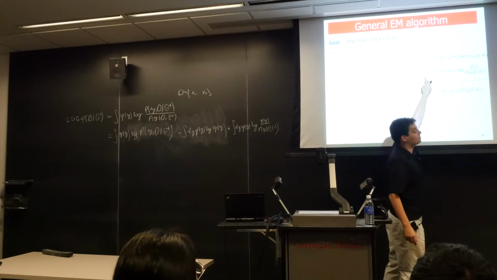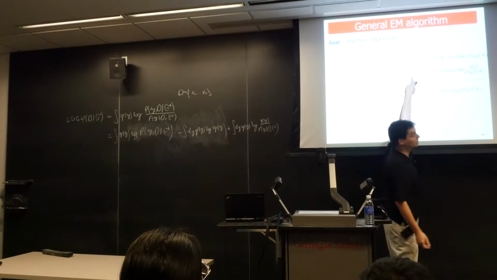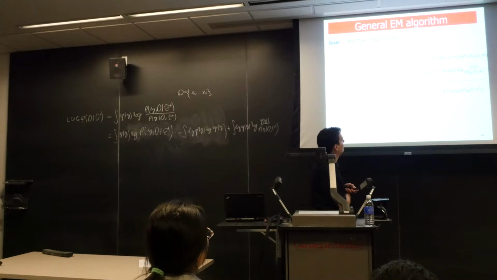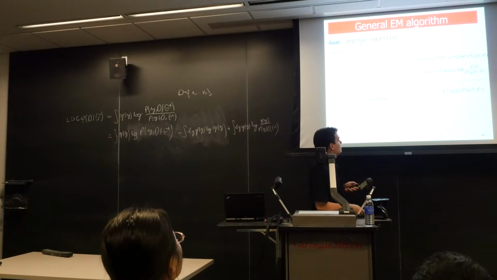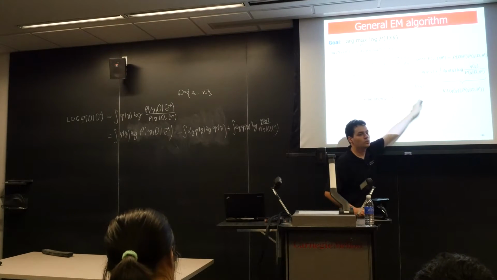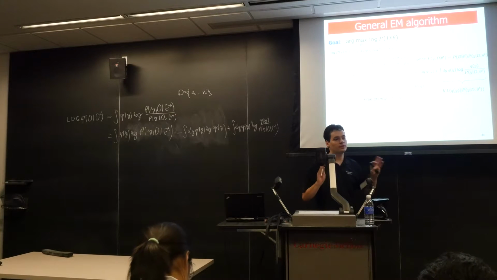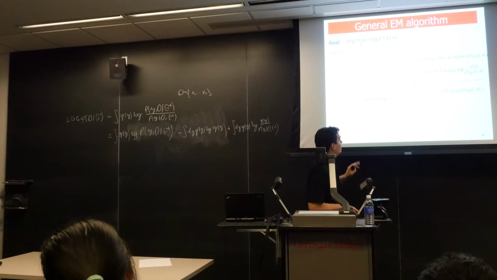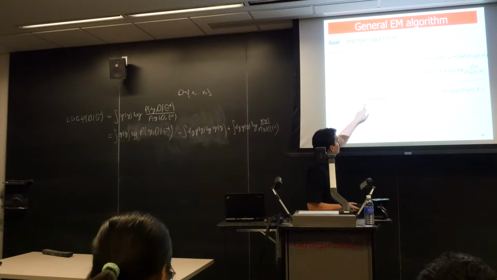What is this expression here? Entropy. This is the entropy of distribution Q. And for historical reasons, this quantity here is called free energy. It's not important for us why it's called free energy, but I will just use this name. It's coming from physics.